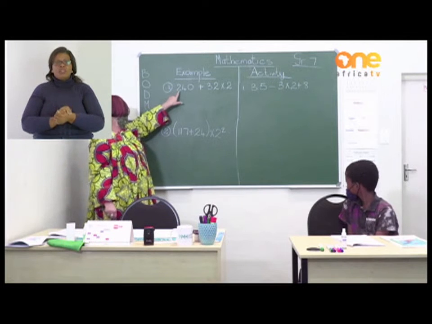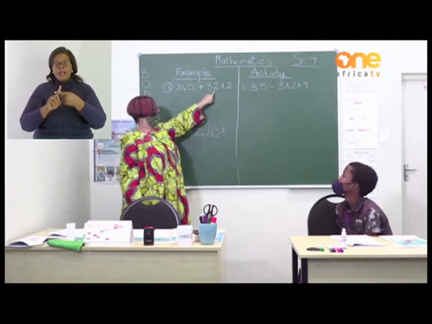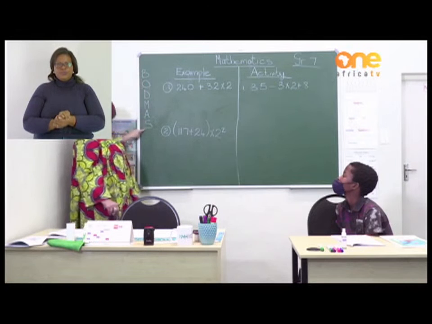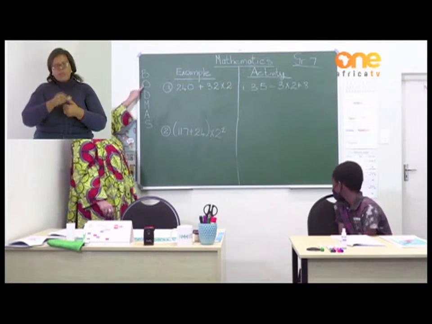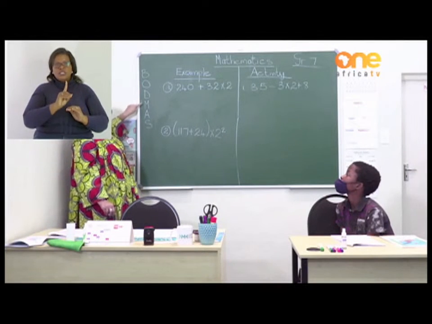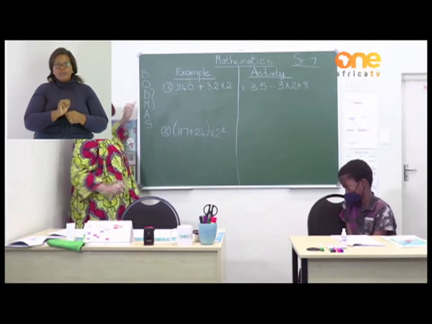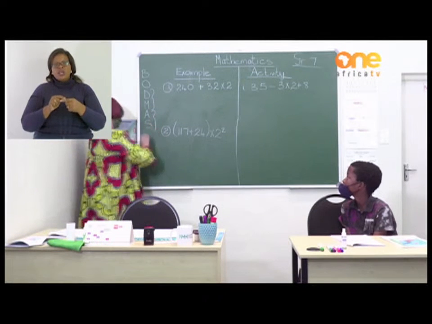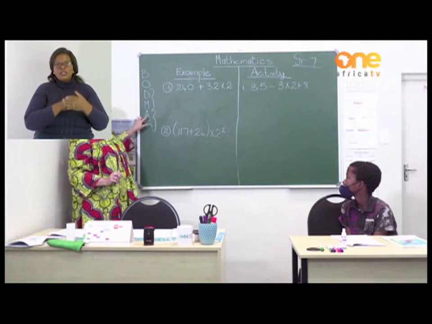In my example, we have 240 plus 32 times 2. According to BODMAS, remember, B for brackets, O for of, D and M in order from left to right, division and multiplication, as well as addition and subtraction works from left to right.